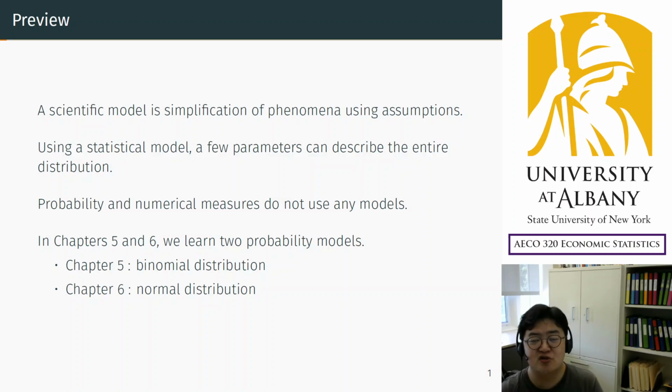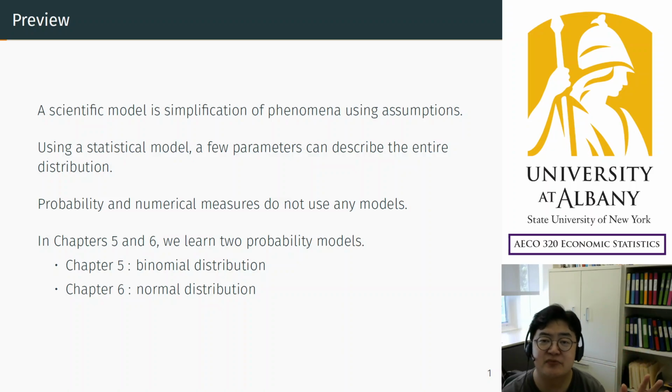We are going to do the same thing in this chapter. So think about this. In the first 2 chapters, we learned probability. Probability is a complete way to describe the data. The distribution of the data is perfectly described by a probability distribution table.